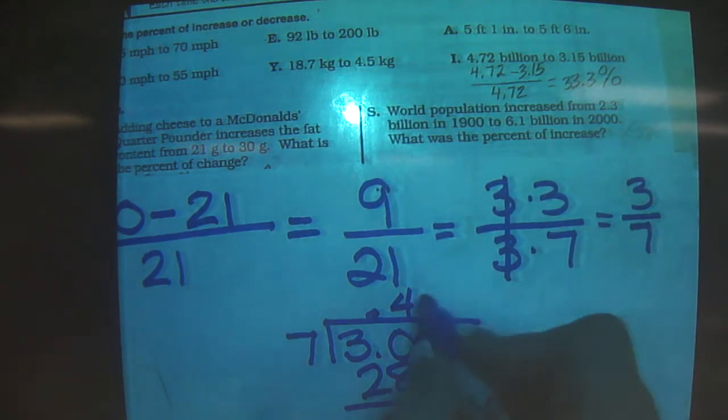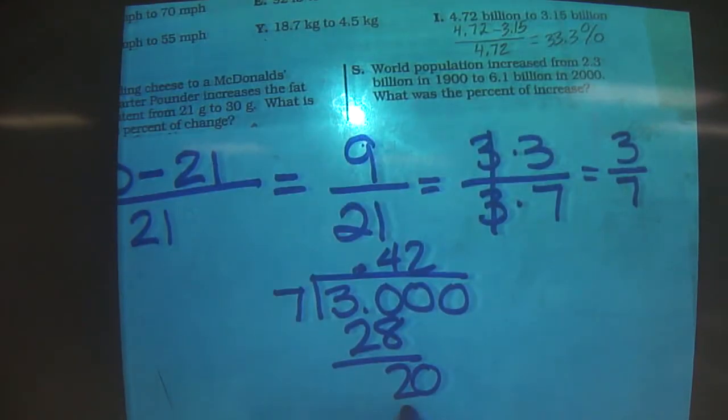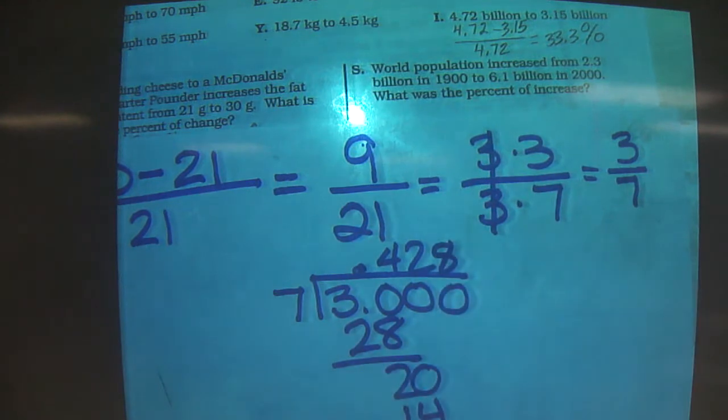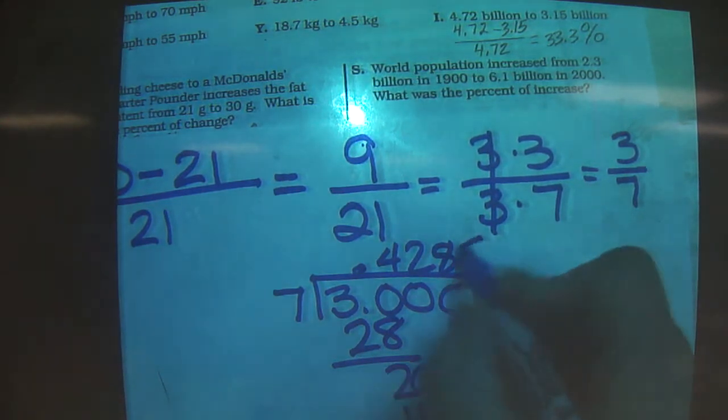How many 7s in 20? 2, and that's 14. How many 7s in 60? 8, and that's 56. And then let's go here. How many 7s would be in 40? 5, and that would be 35.